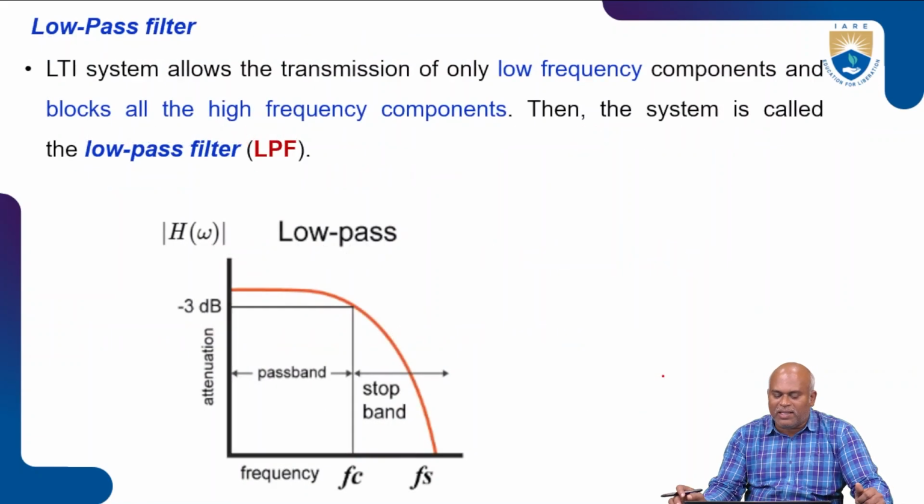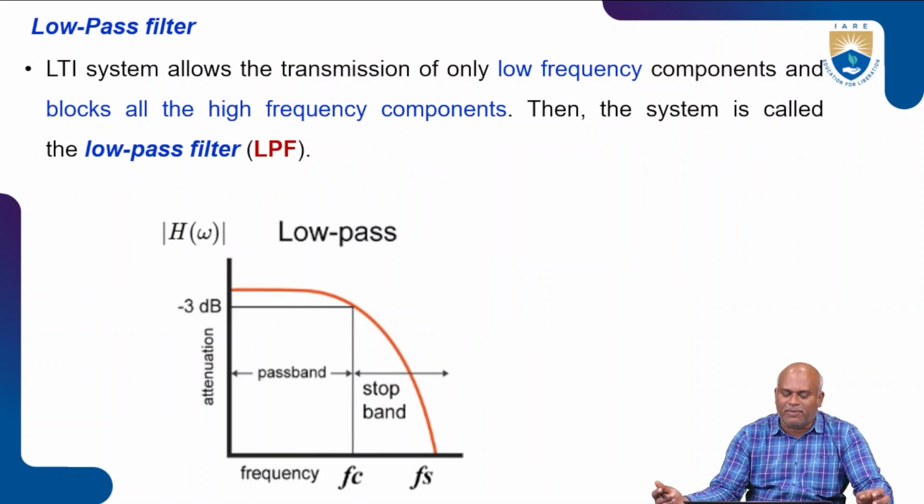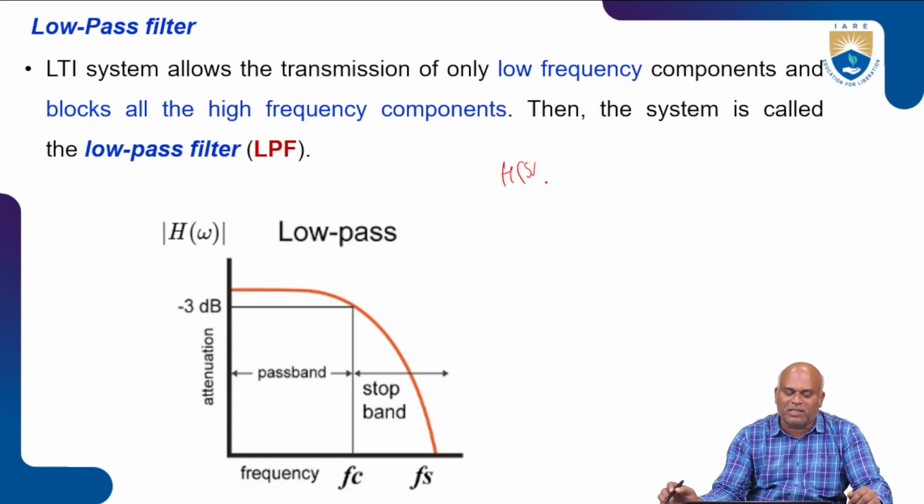Now we go for the filter characteristics. We know the filters are low pass filter, high pass filter, band pass filter, band stop filter, and band rejection filter. Now, how does the transfer function H of s work as a low pass filter?